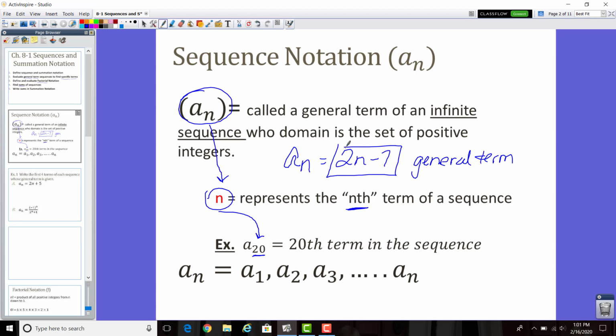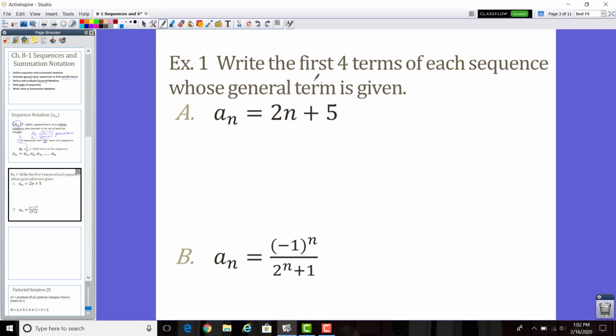So if I want to find the first term, then I'm finding a sub 1. If this n changes to a 1, then this n would change to a 1. So if I'm given the general term, then I'm able to find the value of any term I want in this specific sequence. That's what we're going to do first, right? The first 4 terms of each sequence where the general term is given.